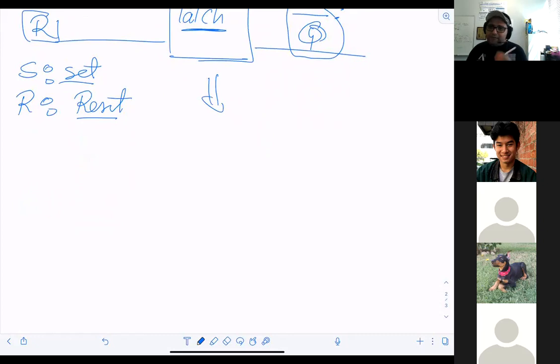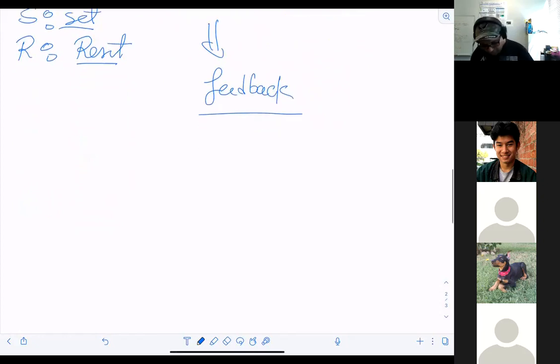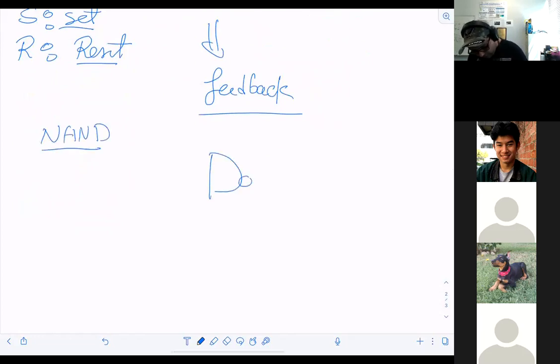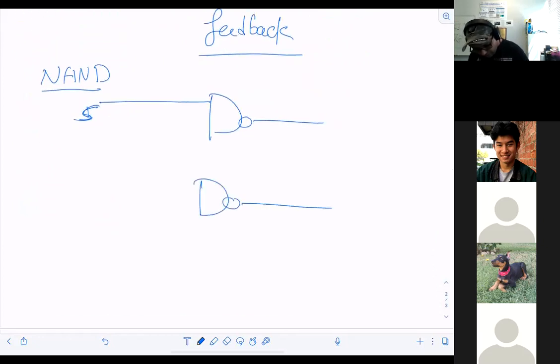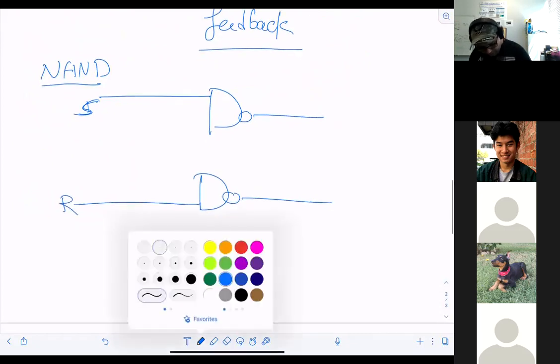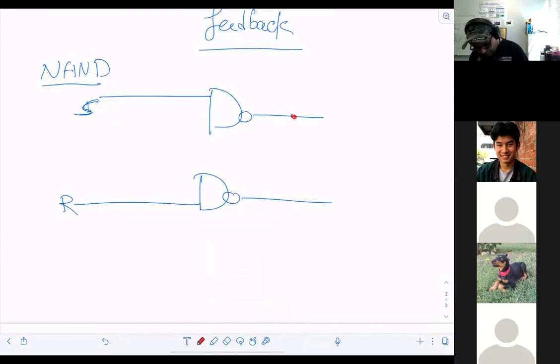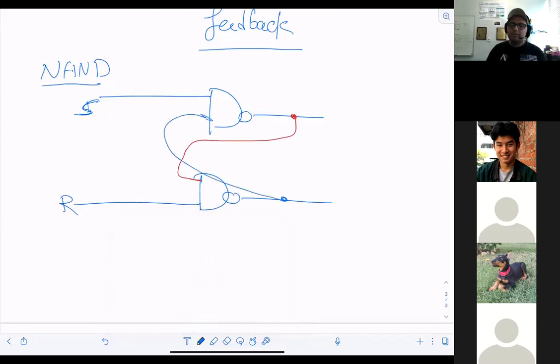Okay. Now, what is inside? If I'm storing, that means there is a kind of feedback, so we are looking for feedback control. How? If I use NAND, here is one NAND with my S, and here is another NAND with my R, and then you already have here Q and Q complement.